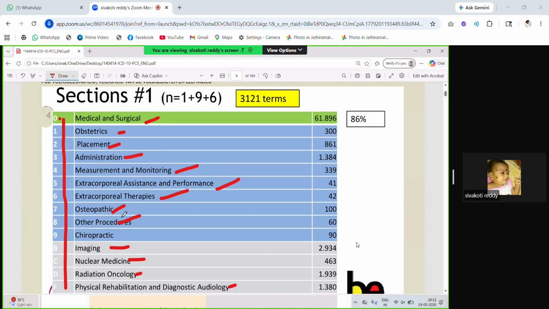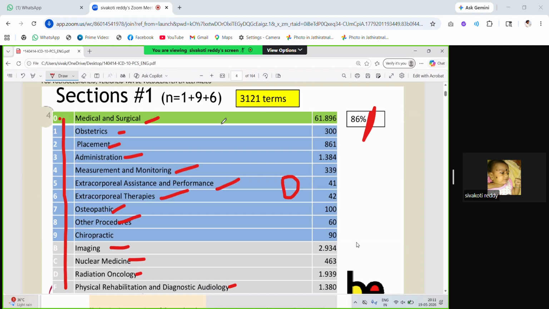If you see any procedure starting with 0, that procedure is related to the medical and surgical section. 86% of the procedures in the book are related to medical and surgical.